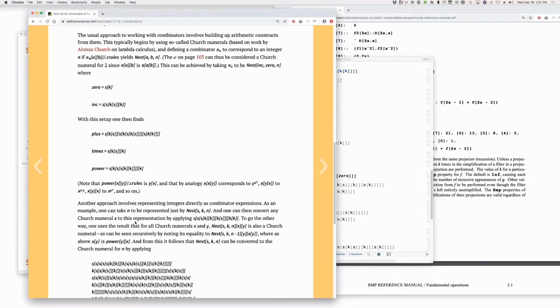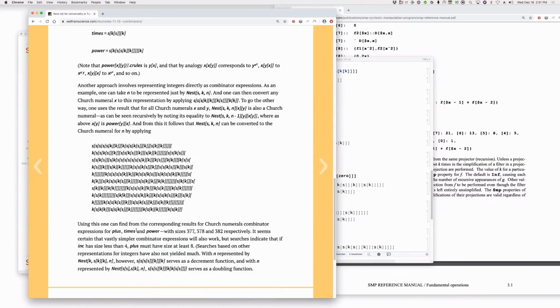Okay. Oh my gosh. The nest of sk comma n can be converted to the church numeral for n by applying this thing here.